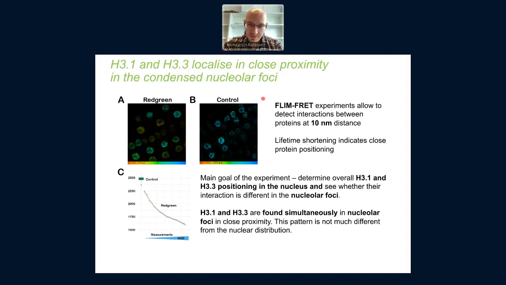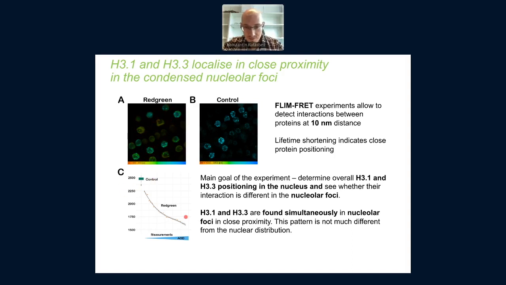Here are the results. On this image, in the control line, the lifetime was quite similar between individual nuclei, and also kind of homogeneous. You can see that they all appear bluish. In our experimental line, the lifetime differed because the nuclei appear more greenish, and the lifetime also differs between individual nuclei.